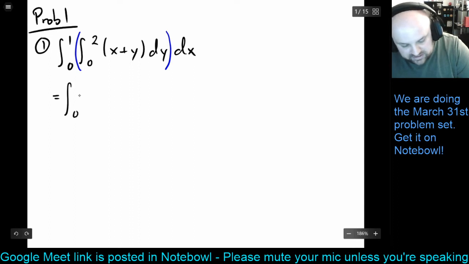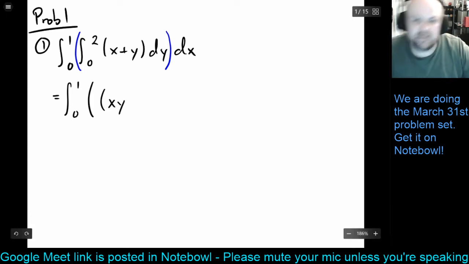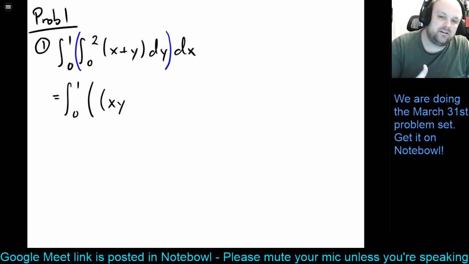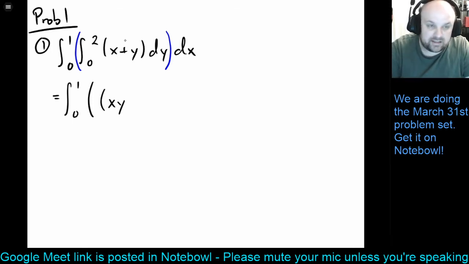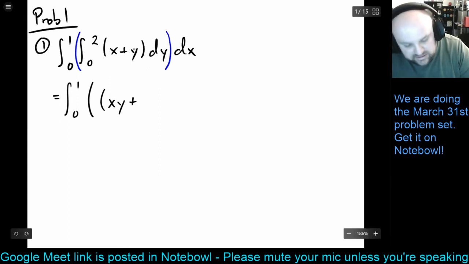So we want to integrate this function with respect to y. The integral of x with respect to y would be x times y, because if we differentiated with respect to y, we'd want to get back x plus y. And the integral of y with respect to y is 1/2 y squared.